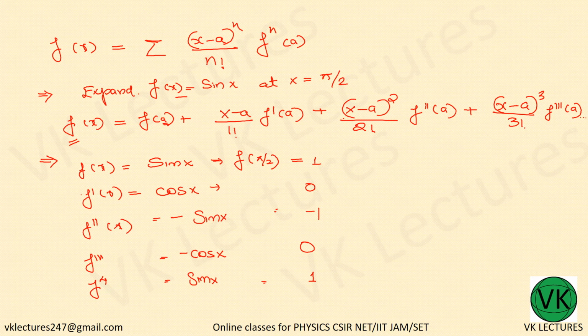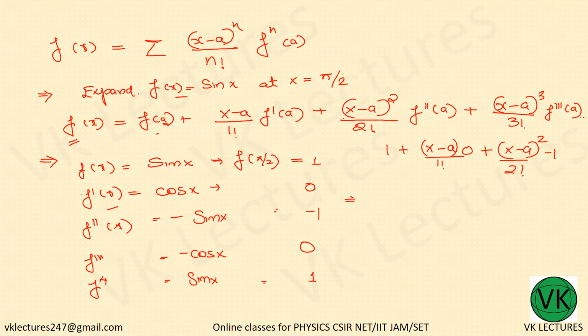So you can write, what is f of a? f of a is given as 1, plus x minus a by 1 factorial and f dash of a is again 0, so you need not write that, but for the time being we will write it. Now the second term, x minus a whole squared by 2 factorial into minus 1, right.